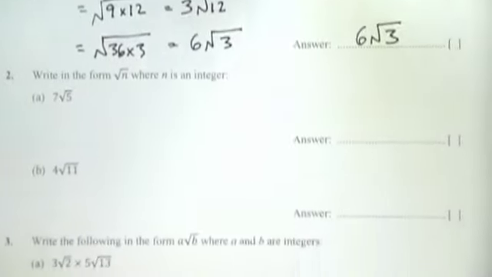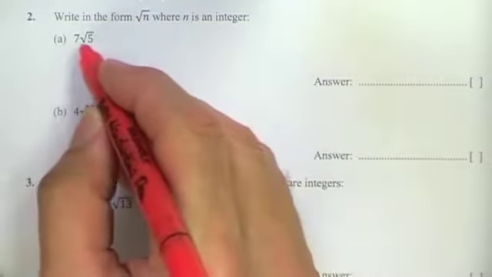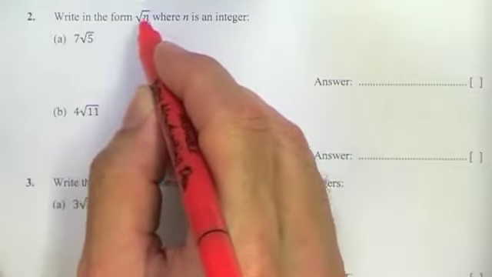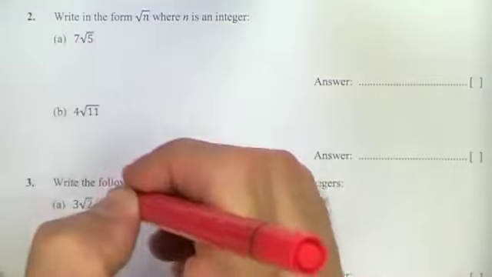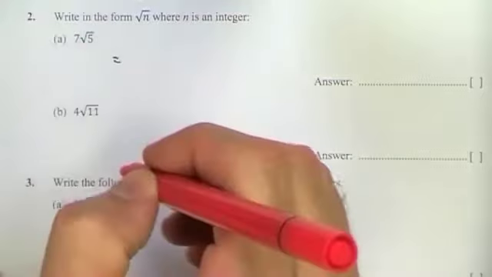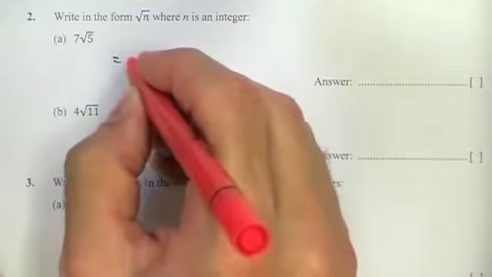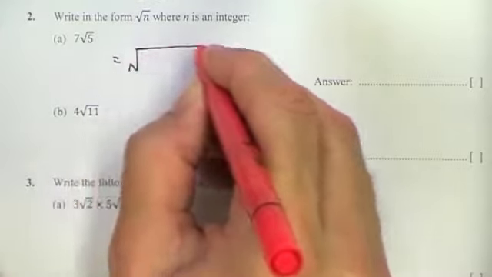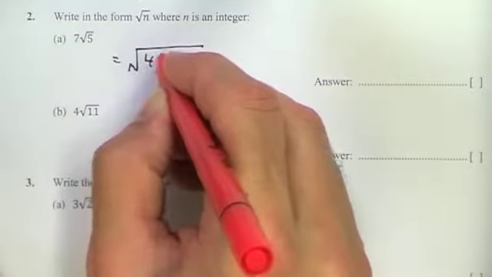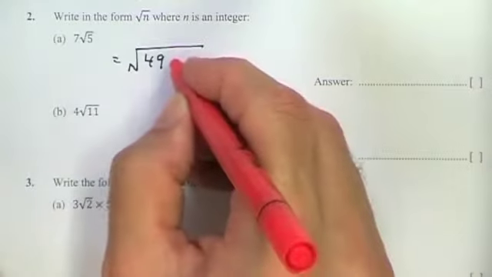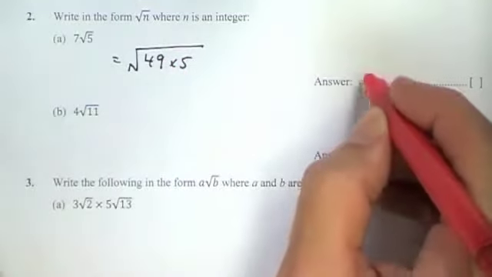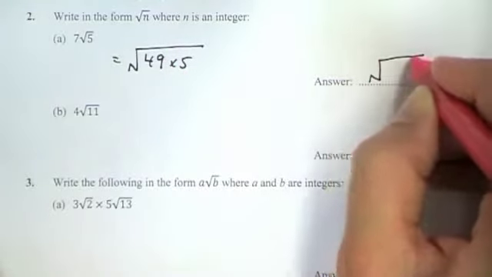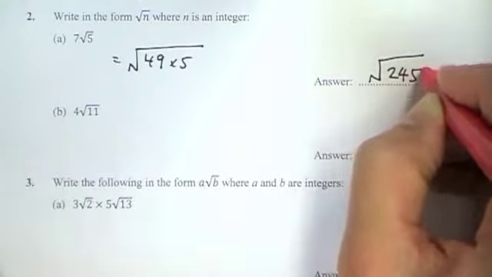Question 2 is asking us to do the reverse process. It's got 7 root 5 and we want it to be root of a single number. So we take the 7 inside the square root, and we've got to square it. If we square the 7, it's the square root of 49, times 5, and if we multiply that out, that becomes the square root of 245.